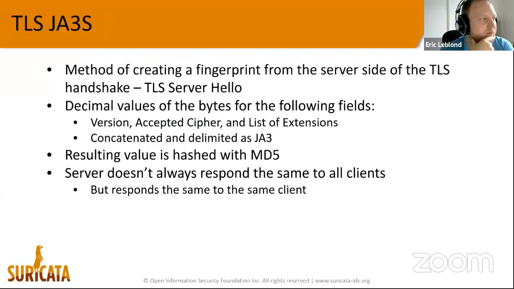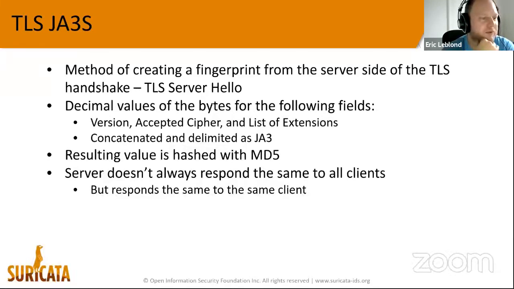The GS3S is the server side of the GS3, so it takes another set of fields. As I said before, the server is answering to the client, and the client is the first one to send the message. Because of that, the context of the messages sent by the server depends on the client. So the GS3S is not unique for one server, it depends on the type of client that connects to the server.